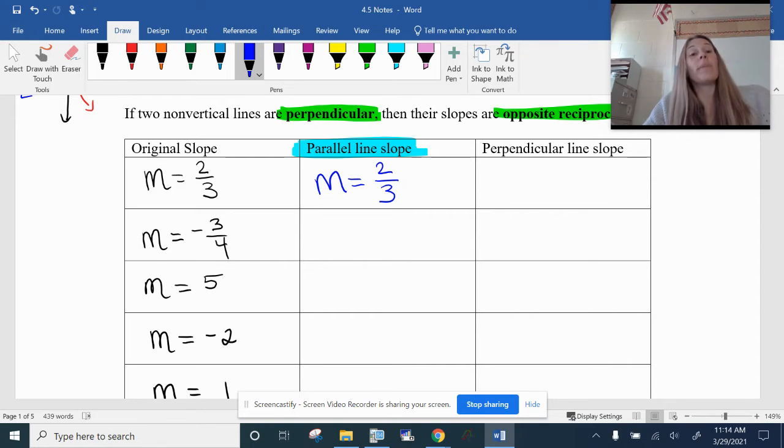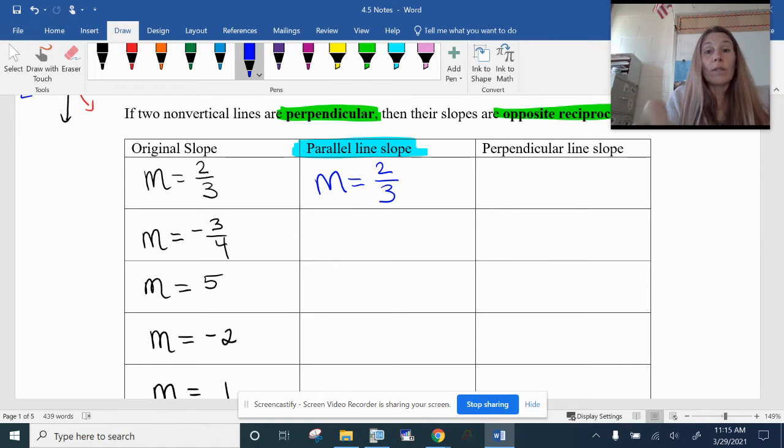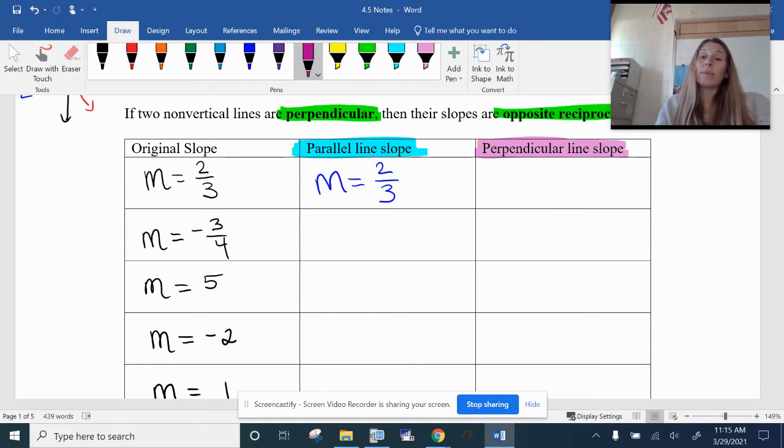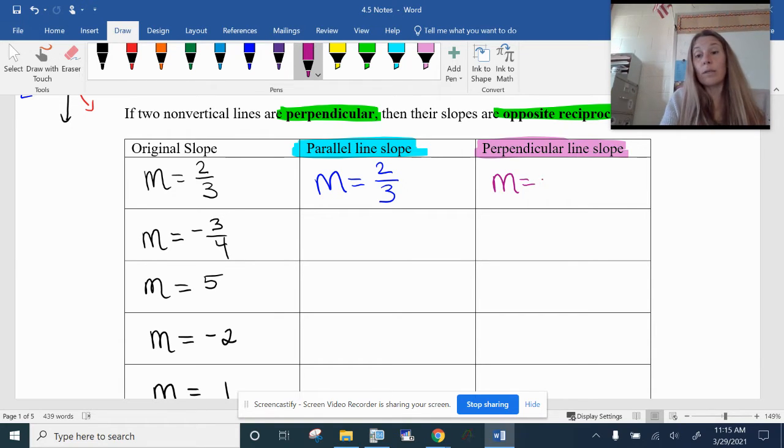If the original slope, however, is 2/3 and you want to write the equation for the perpendicular line, now you have to use the opposite reciprocal slope. So if your original was positive 2/3, then yours is going to be negative 3/2.